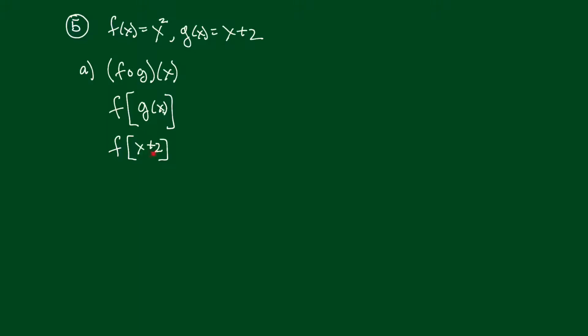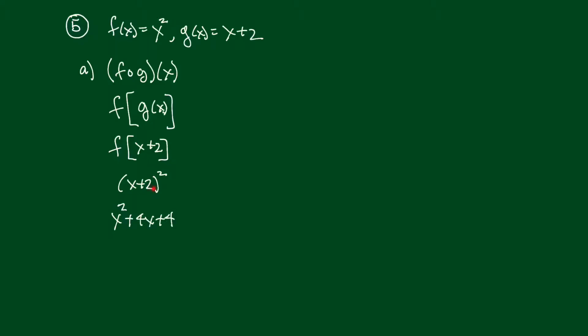Now we have to process the x plus 2. So here's the processor. There's our rule. We're going to use the f rule. So you're going to locate f right here. And everywhere you see an x, you're going to replace it with x plus 2. So that x is just a placeholder. So it says whatever comes in, square it. Now what's coming in is x plus 2. So I'm going to square that. And then I guess I could just multiply that out. x squared plus 4x plus 4.